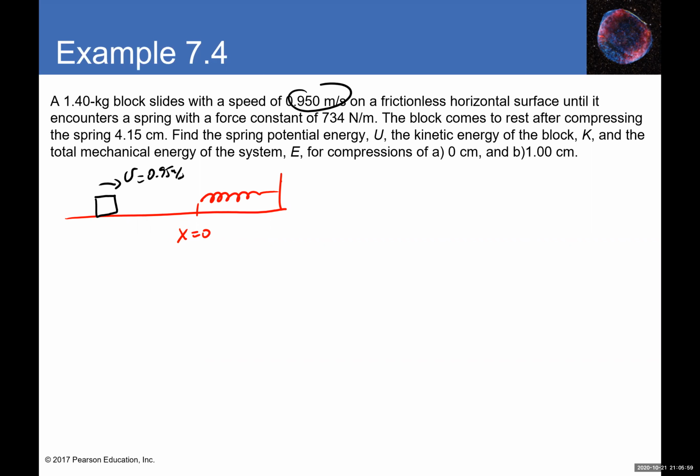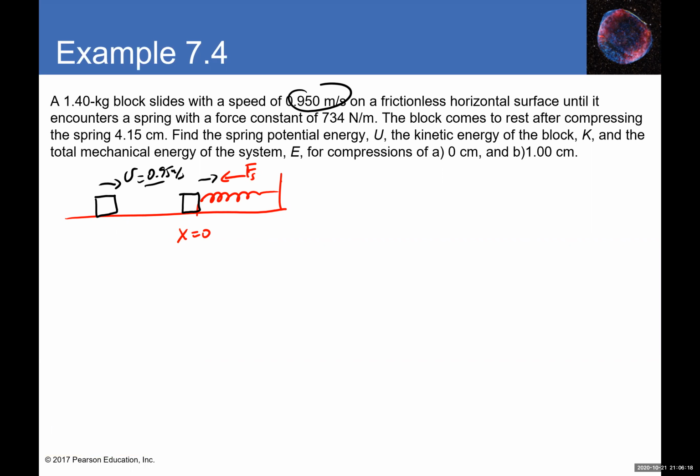When it reaches the spring, it is still moving with the same speed. But as soon as it hits the spring and starts compressing, remember there's a restoring force acting on it, and this restoring force is going to slow it down and stop.